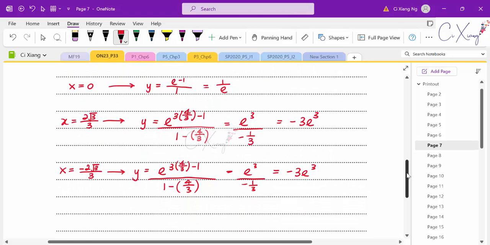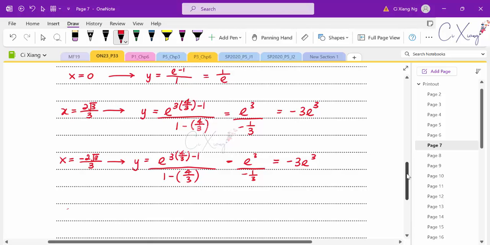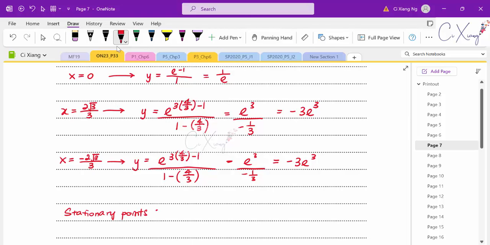As the final step, I strongly suggest you put them in coordinate form. So the stationary points that we have here, there are 3. One is (0, 1 over e). One is (2 square root 3 over 3, negative 3e power 3).